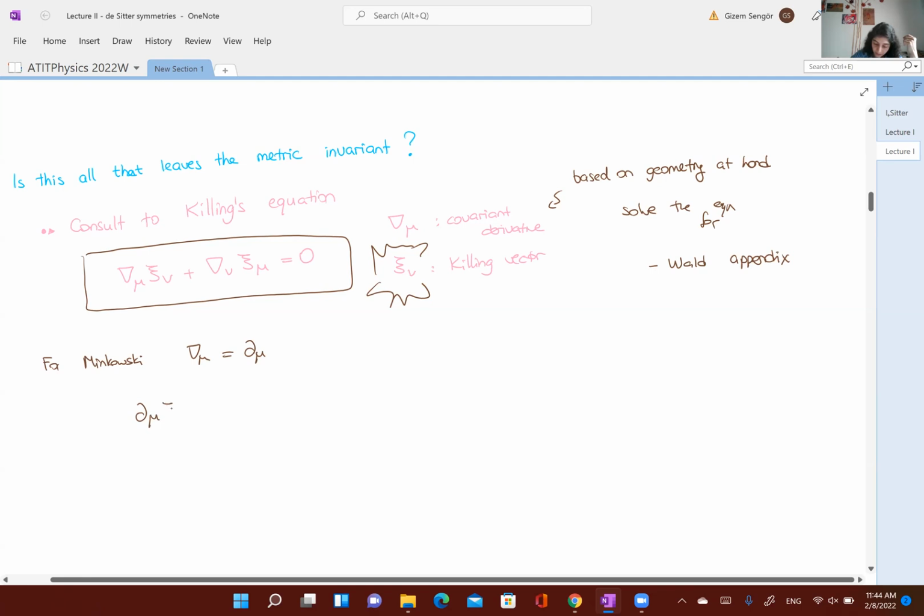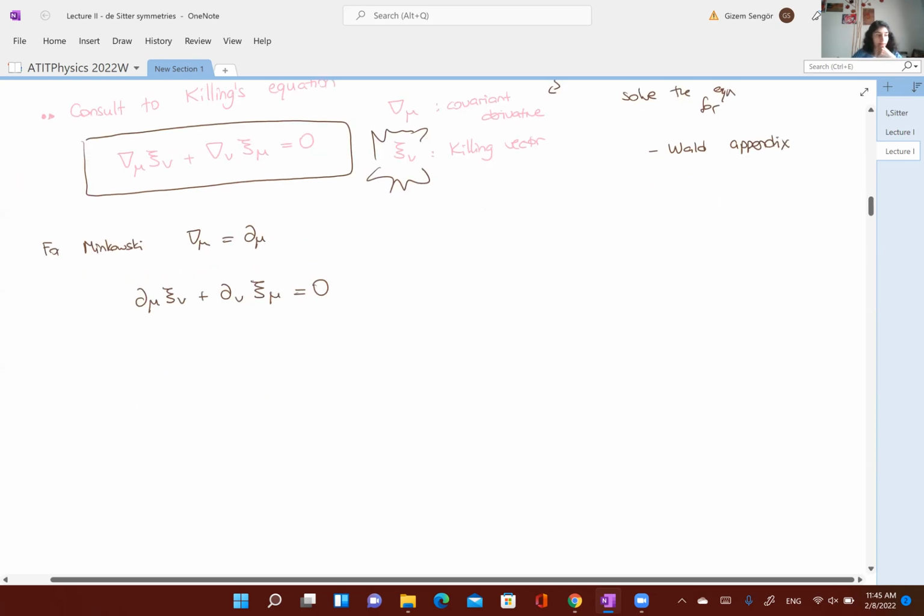So you end up with an equation like this that is quite easy to solve. For R2, for Minkowski, for Rn, it's easy.